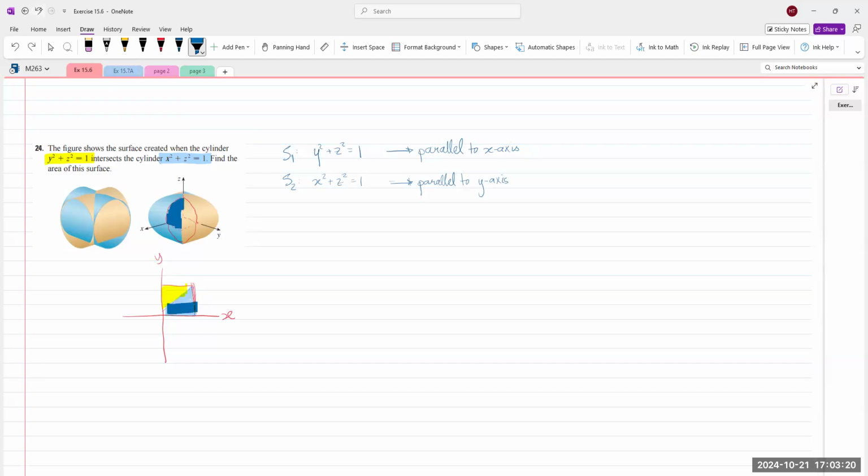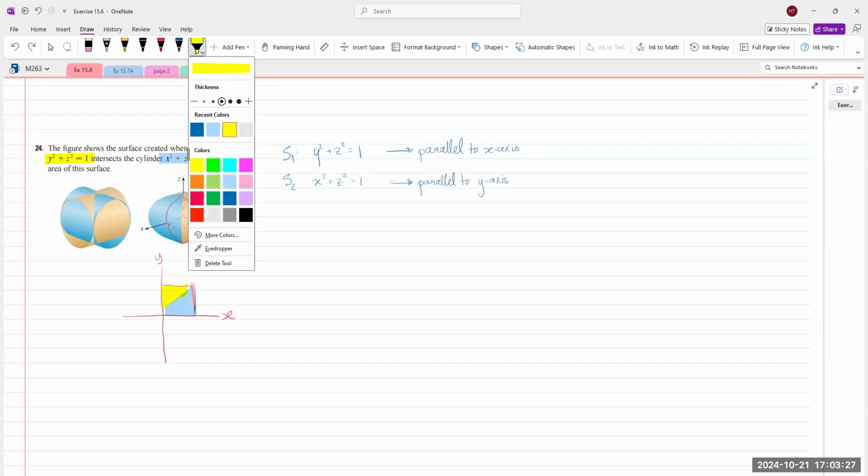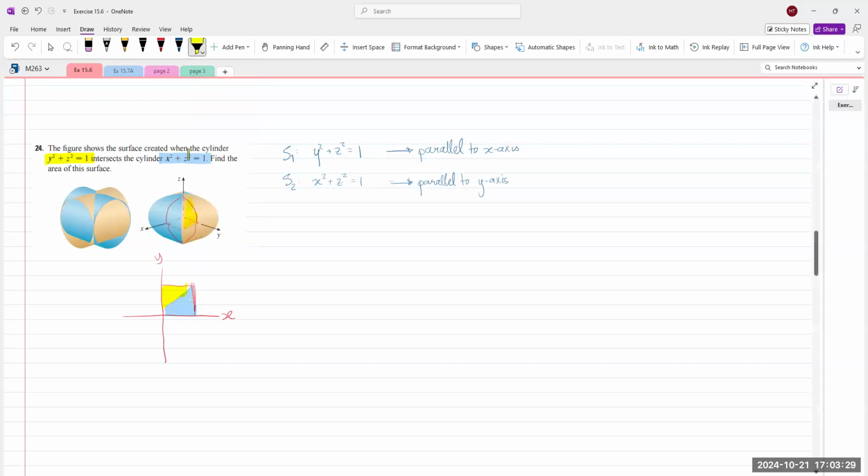And then if we see this from above, it will be this part here. I don't know if you can see that. It's this. But we can also see that these four parts actually are symmetric to each other. They have the same area.